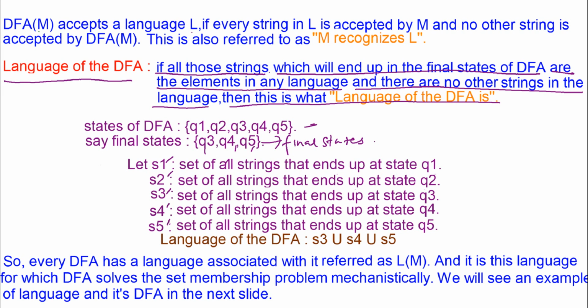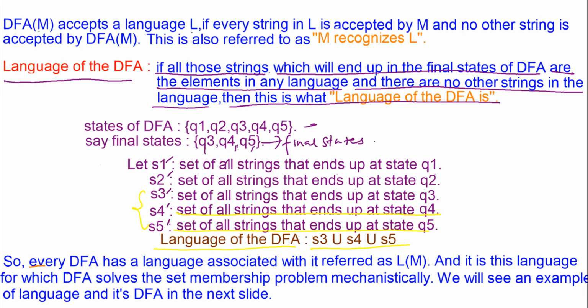S1 consists of all the strings that end up at Q1, S2 all strings that end up at Q2, S3 all strings that end up at Q3, S4 all strings that end up at Q4, and S5 all strings that end up at Q5. The language of the DFA will be S3 union S4 union S5, because these are the strings that will end up in the final state.